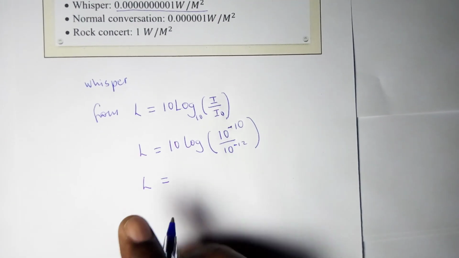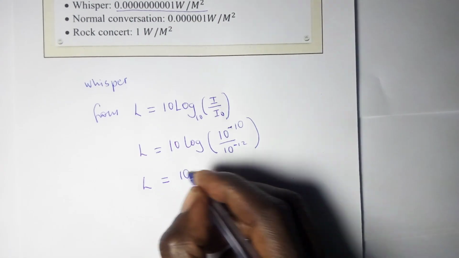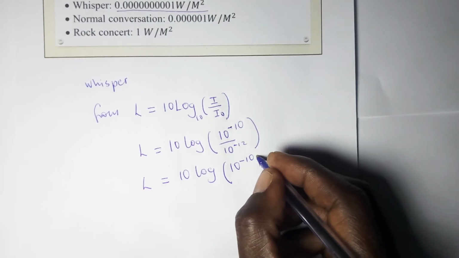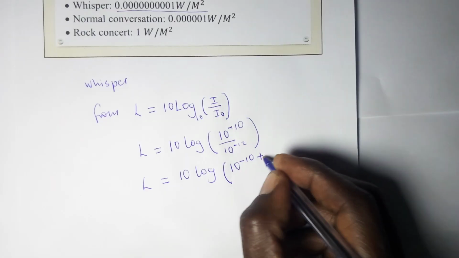We take the denominator up, giving plus 12.